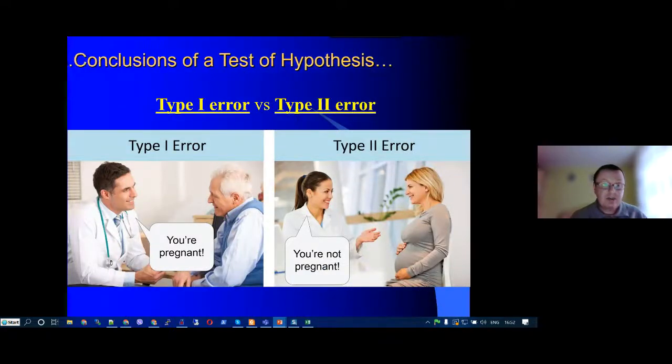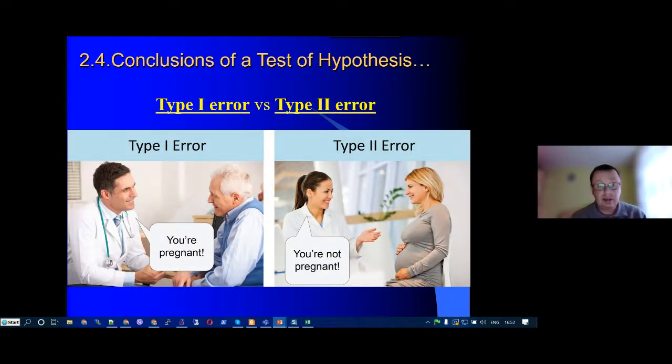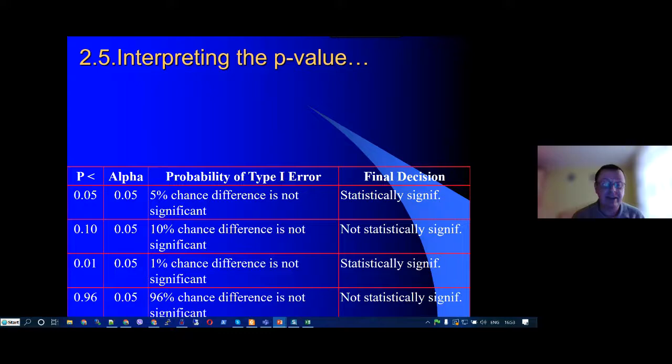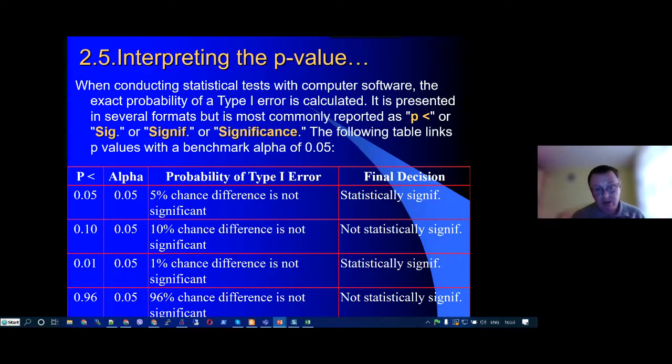So just for fun, we can see type 1 error and type 2 error in this way, but in reality it's very difficult to determine the real situation when we made a mistake of type 1 or type 2 error.